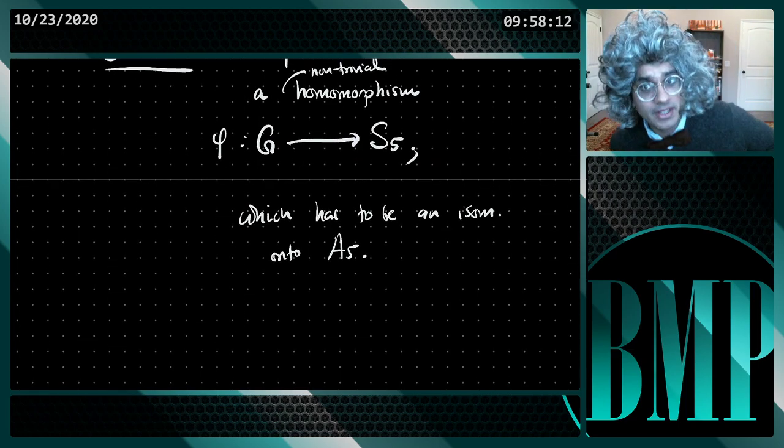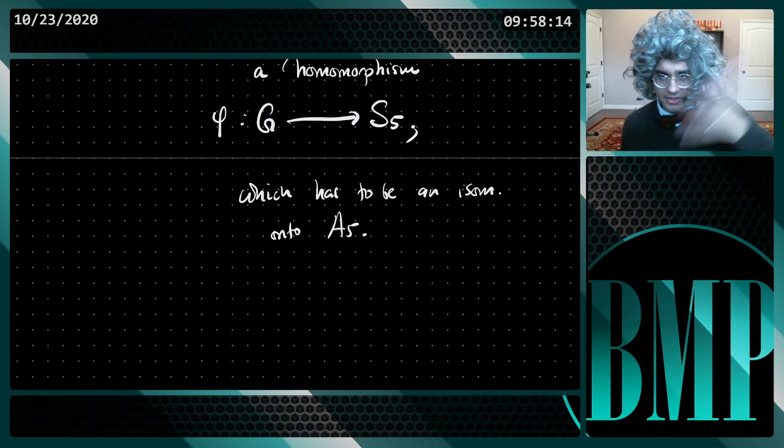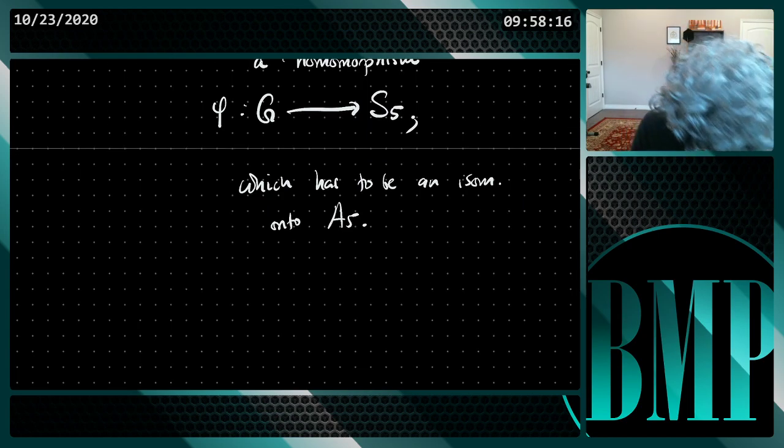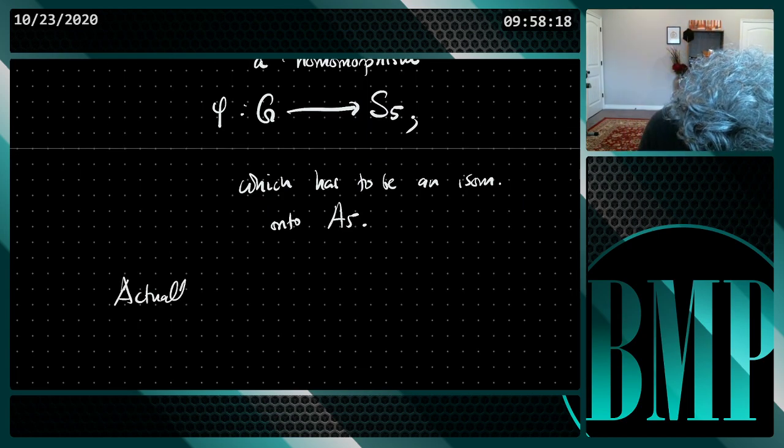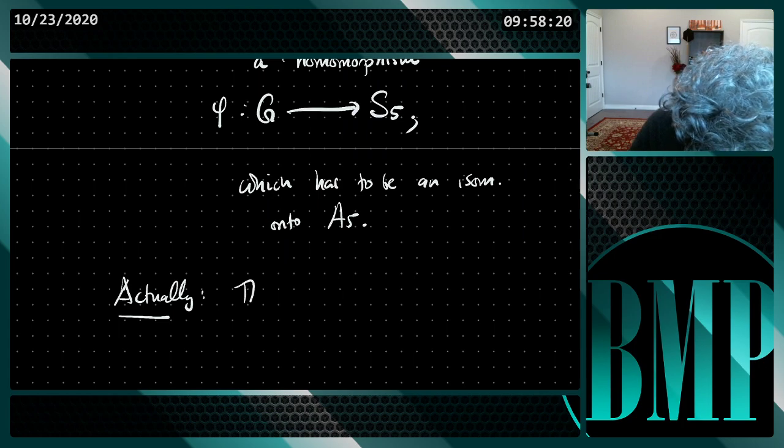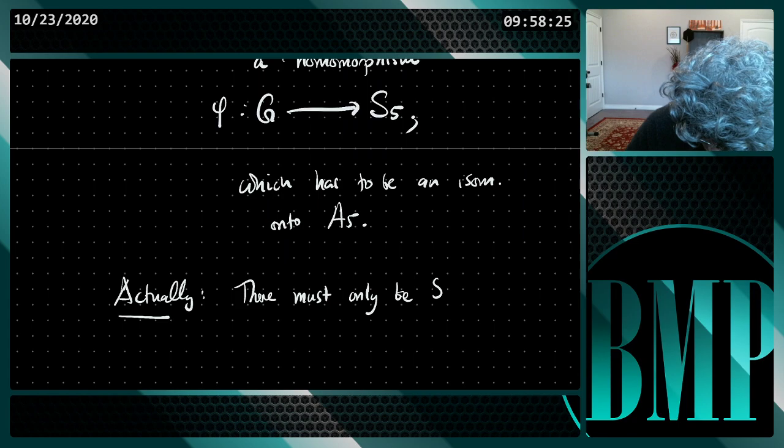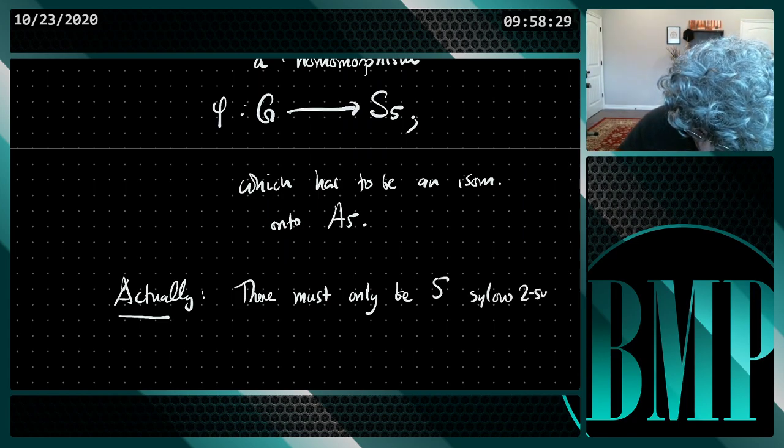Actually, if you trace through all the case checking, what you notice is there must only be 5 Sylow 2-subgroups.